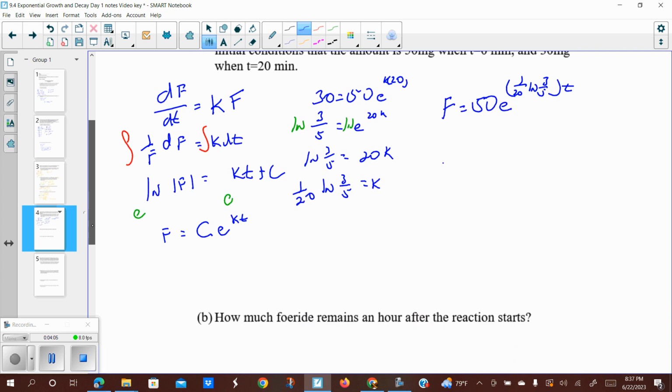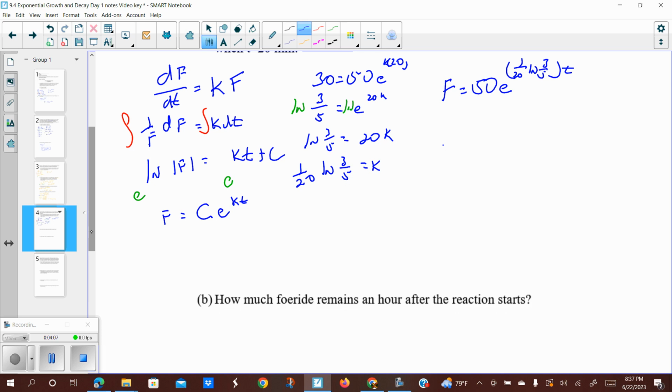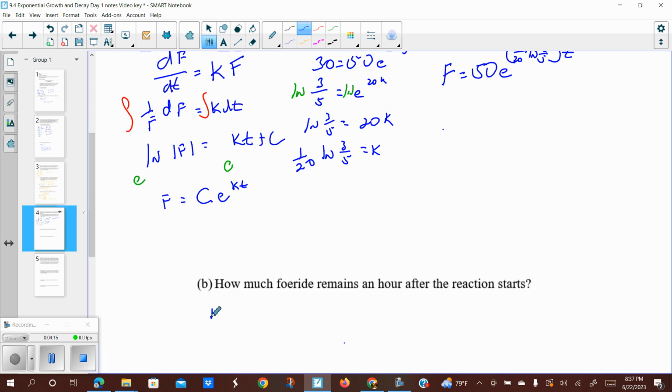Part B says how much fluoride remains an hour after the reaction starts. So an hour is going to be 60 minutes. So we'll plug a 60 in for t. So we're trying to find F of 60. 50 e to the 1 over 20 natural log of 3/5.